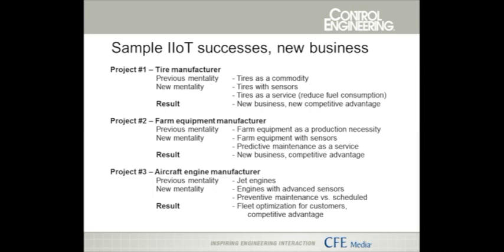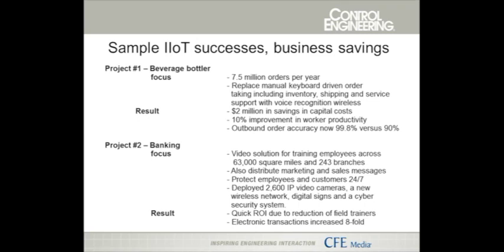And the next example, a farm equipment manufacturer equips their machines with a full range of sensors that predict maintenance issues before they arise, and that reduces equipment breakdowns, which can obviously be very costly in the middle of a harvest window. And the last example, an engine aircraft manufacturer pretty much followed that same logic as the farm equipment manufacturer, but in this instance, the technology can save lives, not just the wheat crop.